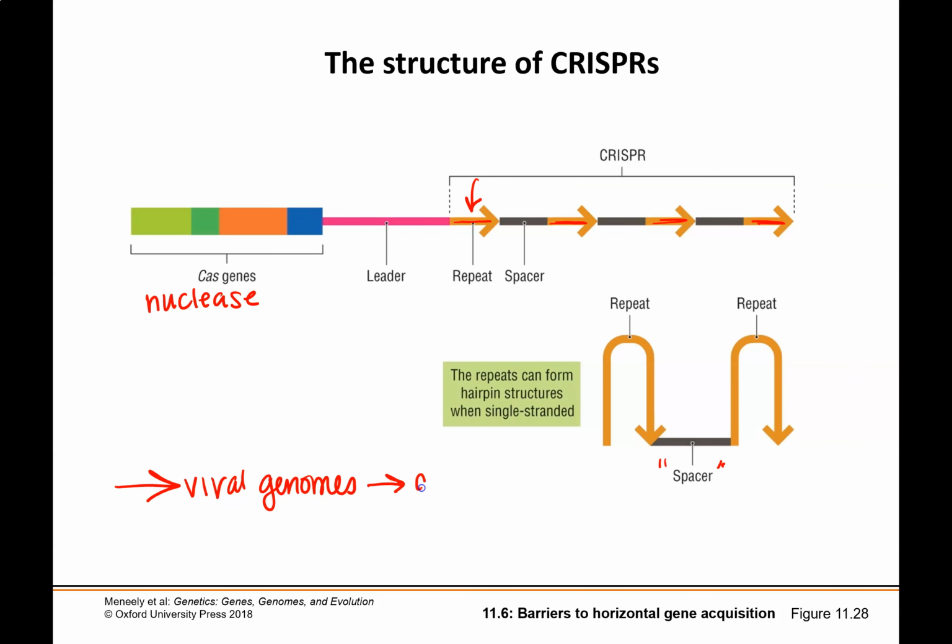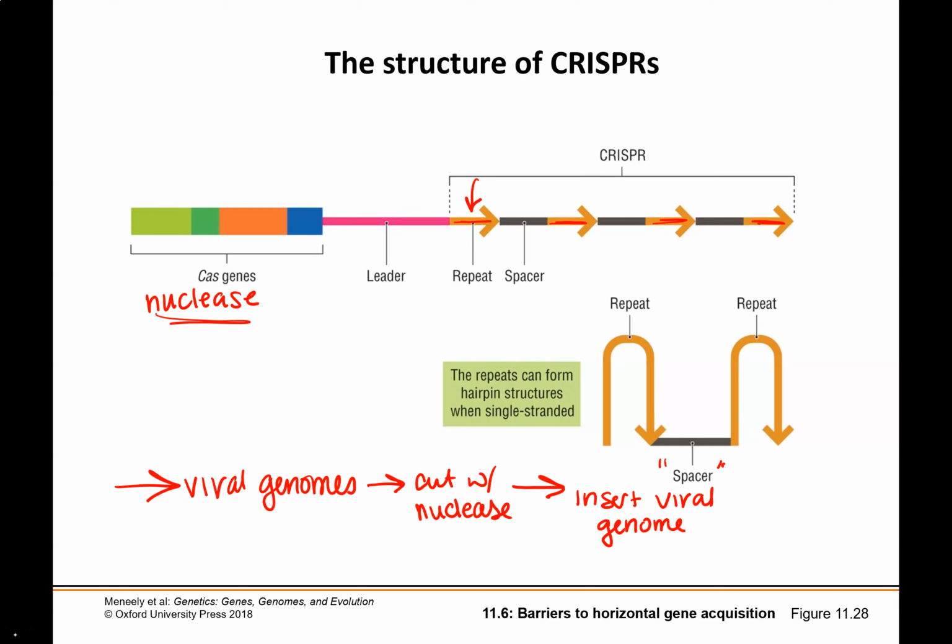It's going to cut it with this encoded nuclease. And it's going to insert a small chunk of that viral genome in this spacer. So we basically have a library of previous viral infections incorporated into the bacterial genome.